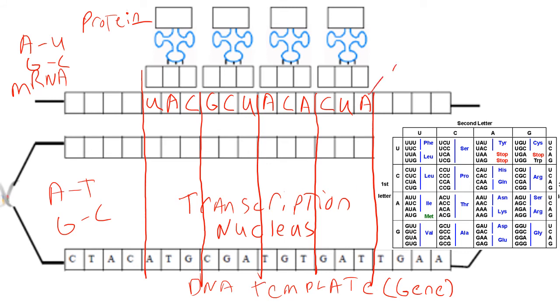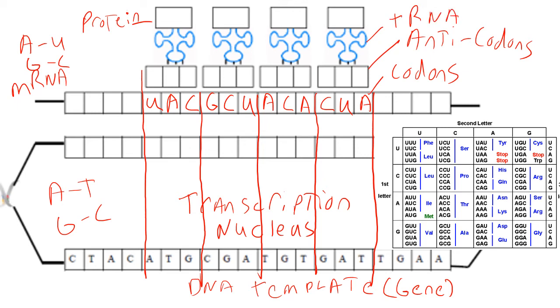And here we have 4 codons. And these are anticodons, which are the 3 letters on the tRNA molecules. And each one of these squares is an amino acid. So, if you were asked to actually find out the anticodons, it would be pretty easy to do.